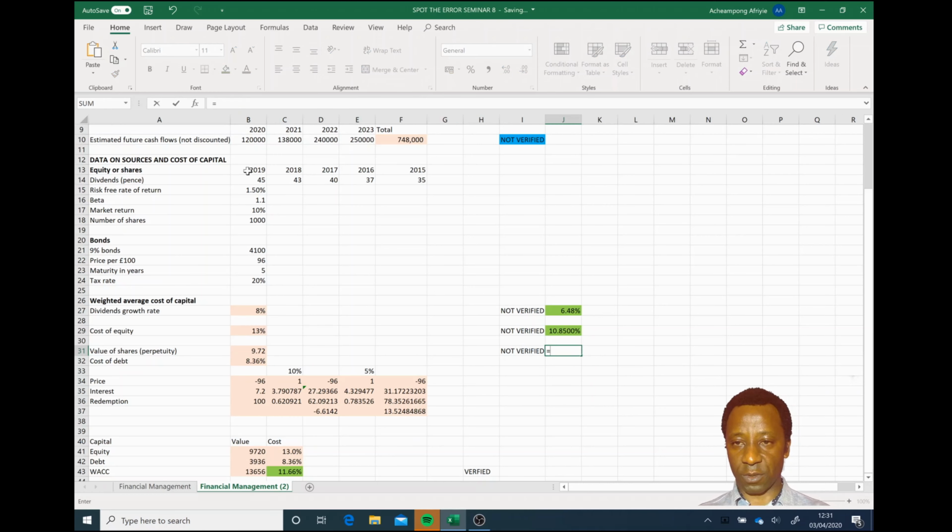So we need to use the most recent dividend multiplied by 1 plus the growth rate that we've just estimated, and we discount that by the cost of equity we've just calculated minus the growth rate.